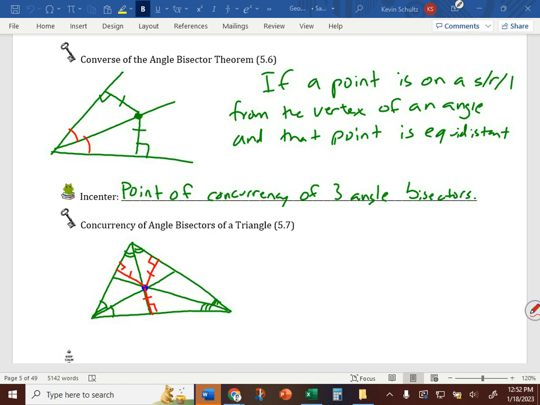So with all of these things, what are we going to use this for, like proving triangles? We're not going to use these in proofs necessarily. This is more architectural design stuff. Like we mentioned earlier, if you wanted to place a memorial between 3 significant buildings in your town, you want it equidistant from all 3 points.